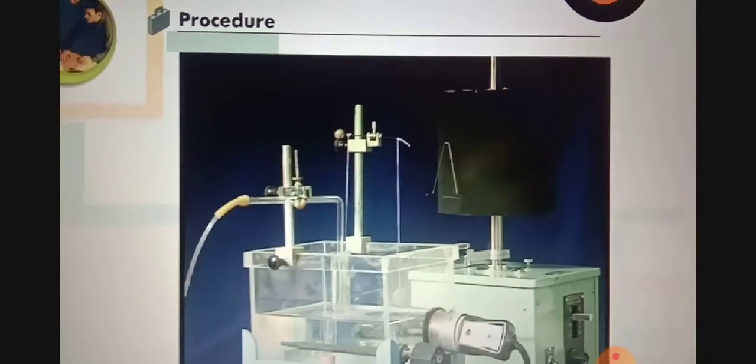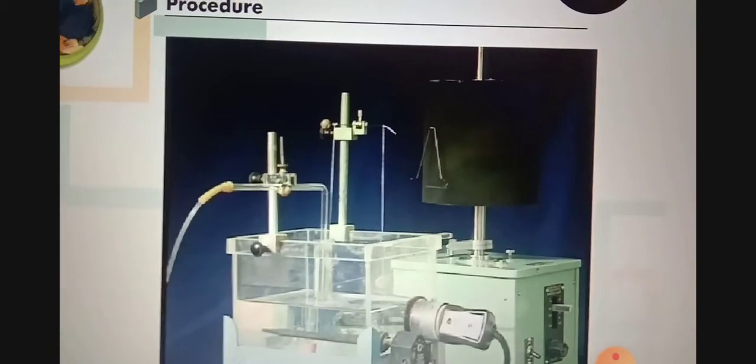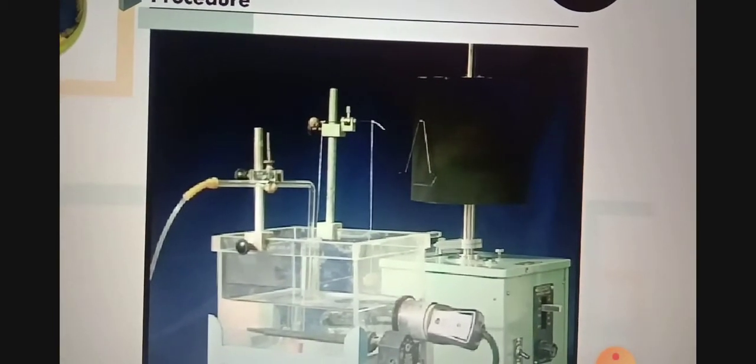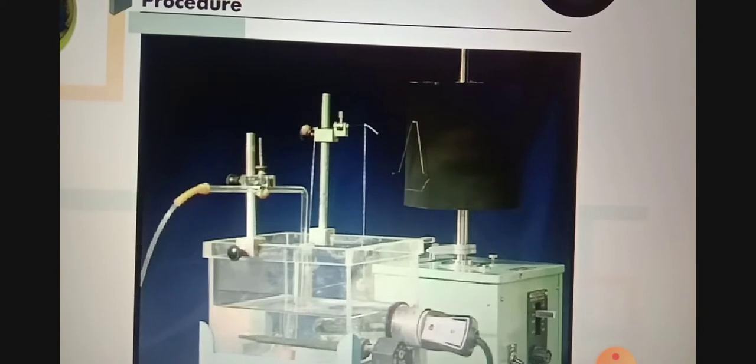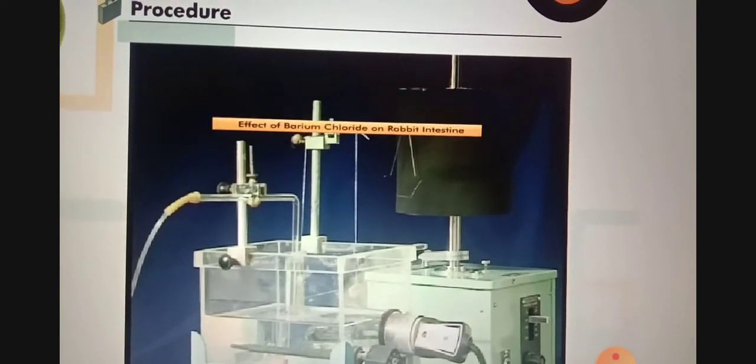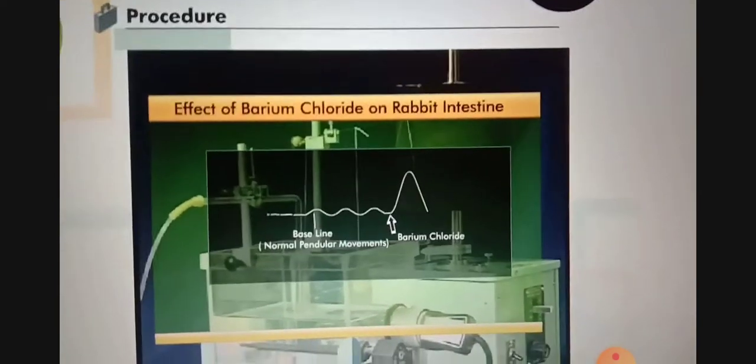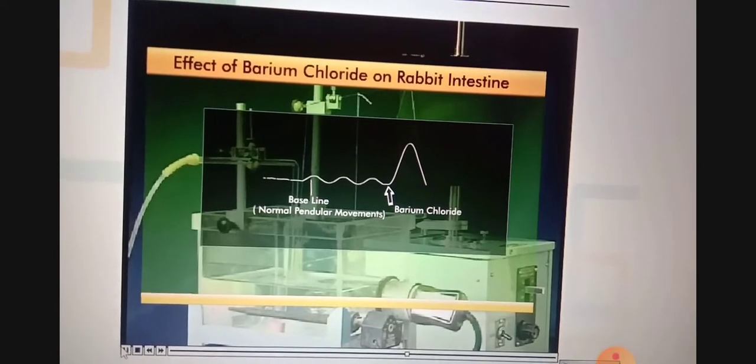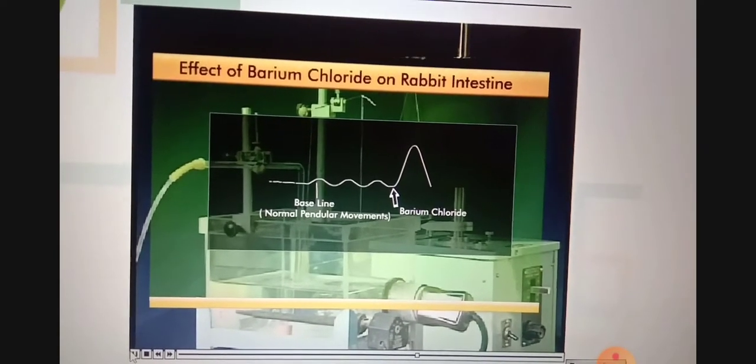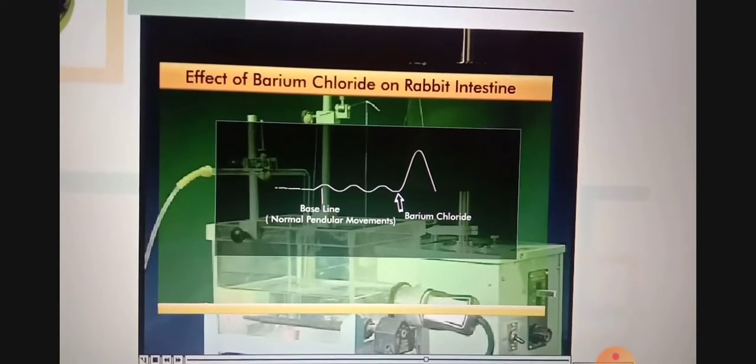Now inject 0.1 ml of stock solution of barium chloride and record the response. You will observe an increase in tone and force of contraction, as evident in the tracings.